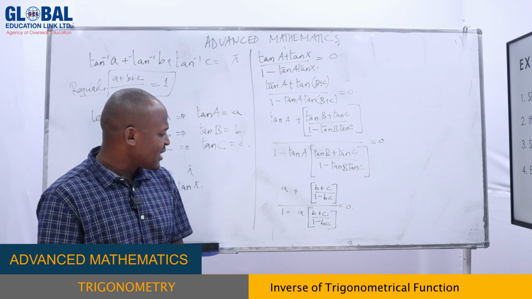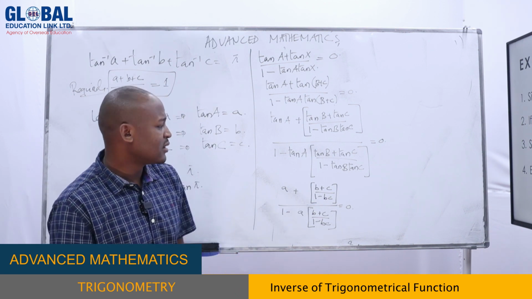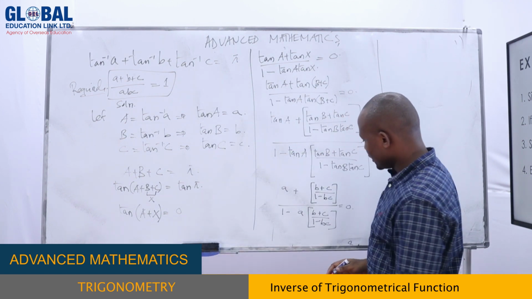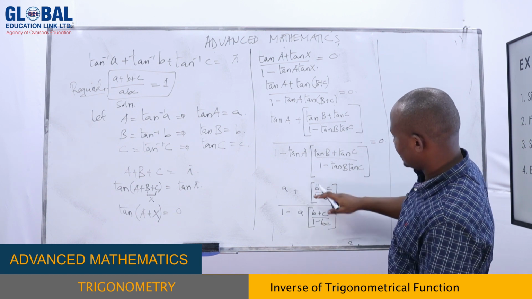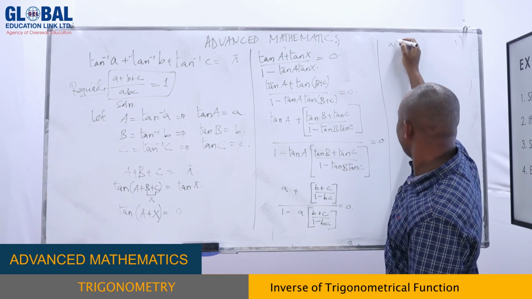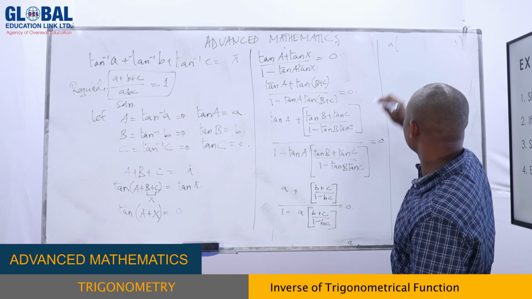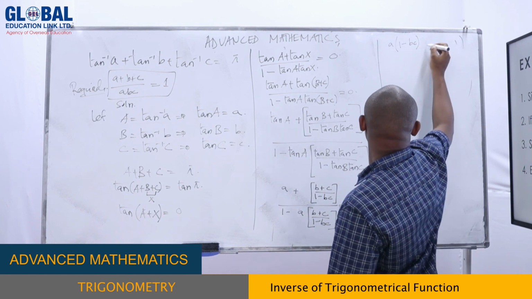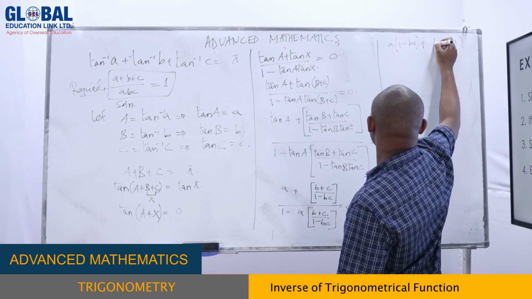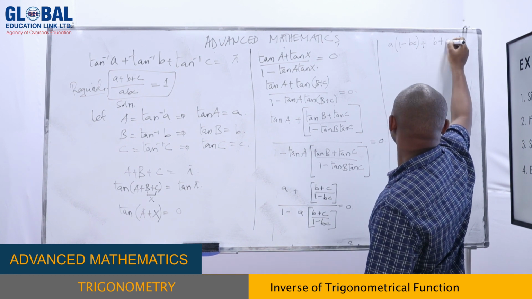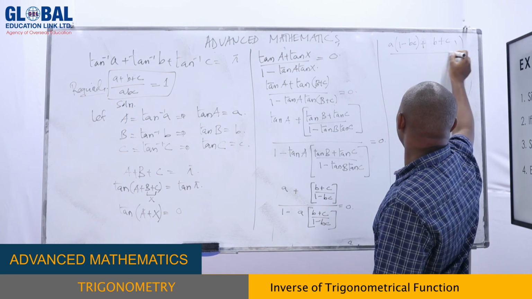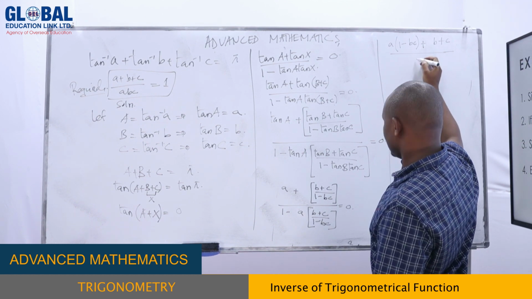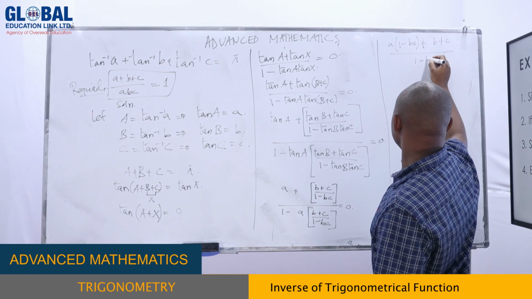Okay, can we simplify that once more? Let's open that. We shall have A in brackets multiplied by 1 minus BC plus B plus C, and all of this is over 1 minus BC.